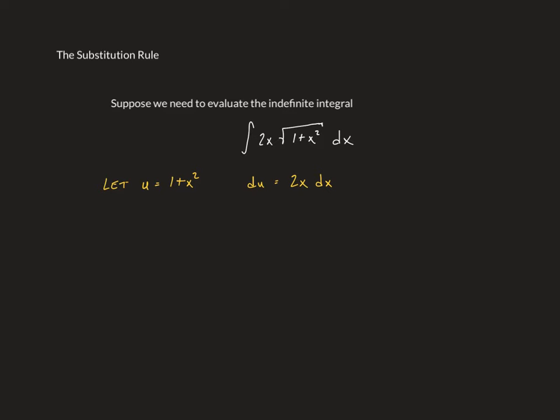So I'm going to say what I have here is the integral of, and I'm just going to rearrange it, the square root of 1 plus x squared times 2x dx. This is just another way that I could look at this same function, right? These are the same thing.